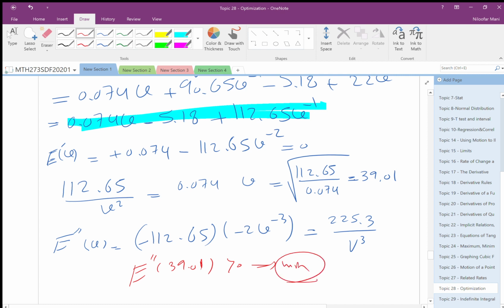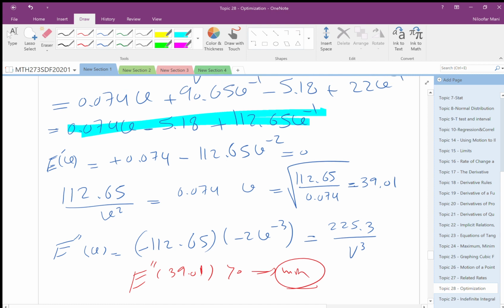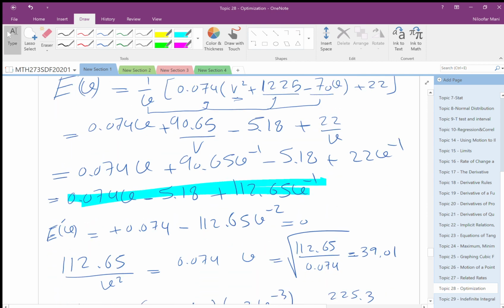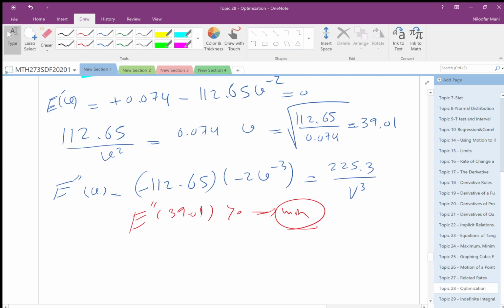Okay, so at this speed, and the speed of a species cannot be, let me see if it's negative. I think it doesn't matter because it just shows the direction. Okay, so the speed which makes this energy minimum, see, I checked.